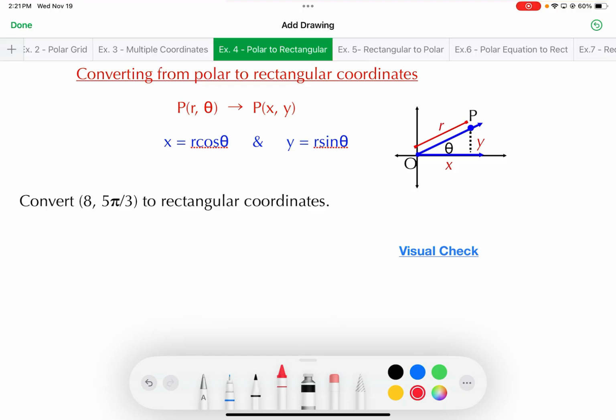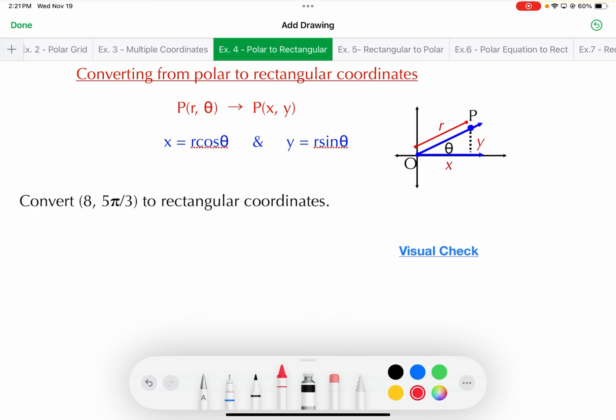All right, so I have point P plotted there with coordinates r, theta. If you just draw a right triangle associated with theta there, the legs of that triangle would be the x coordinate and the y coordinate of that point in rectangular form. So do a little bit of right triangle trig with theta. Isn't cosine of theta x over r?